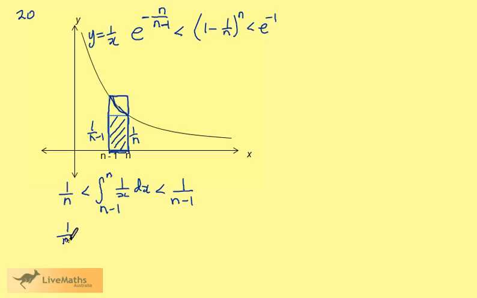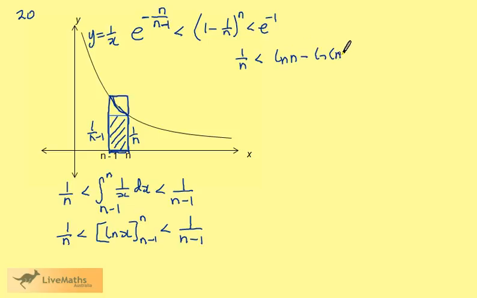So we have 1 over n is less than ln x evaluated from n minus 1 to n, and that's less than 1 over n minus 1. So 1 over n is less than ln n take away ln n minus 1, and that's less than 1 over n minus 1.